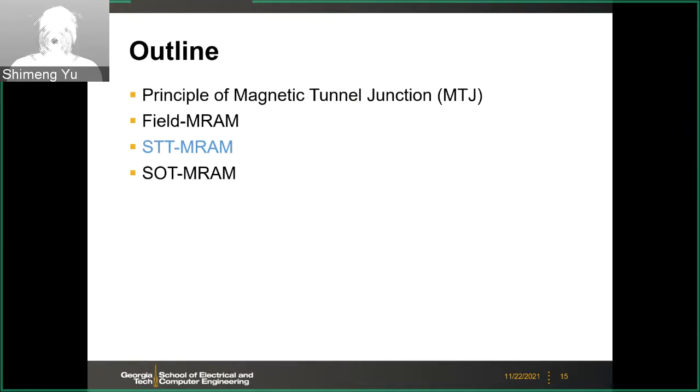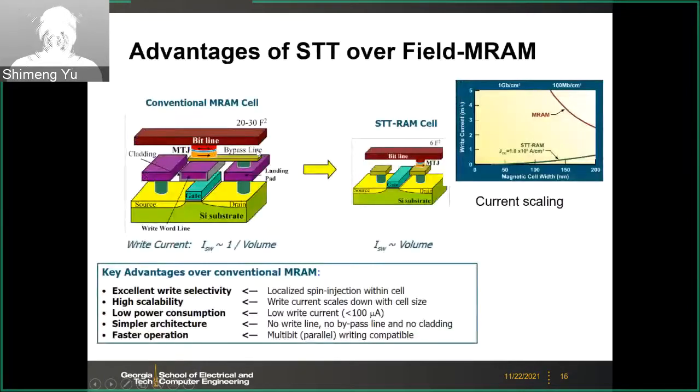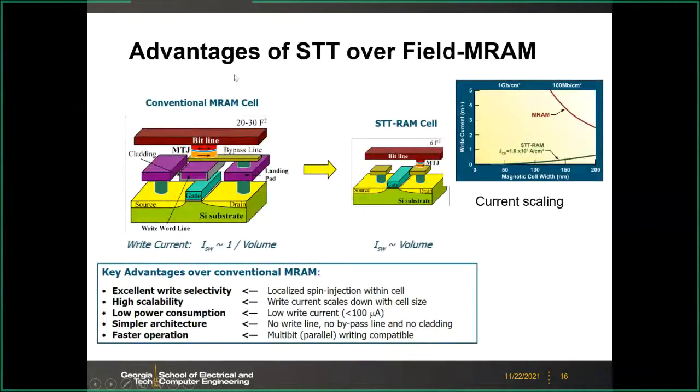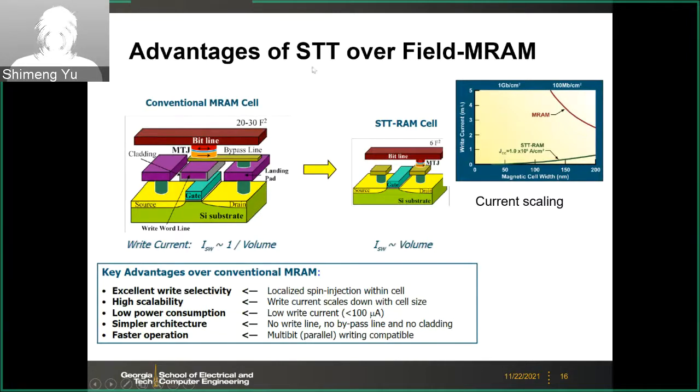And then the second generation, STT-MRAM, came up. So the concept is called STT-MRAM. Here, the advantage of STT-MRAM over the field MRAM is the scalability in terms of the currents.